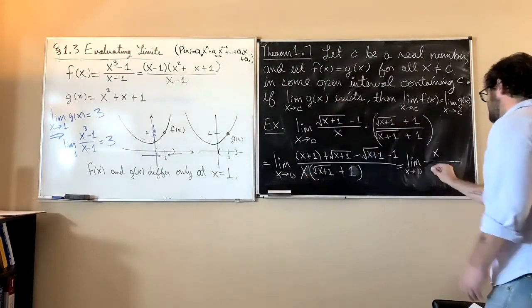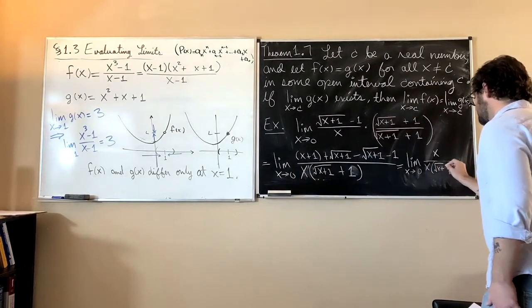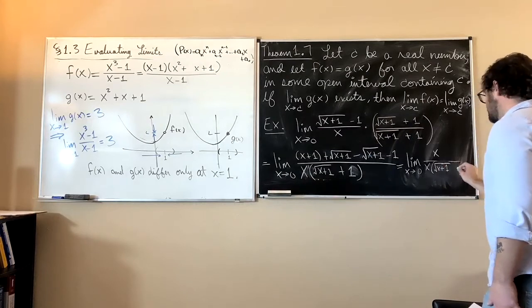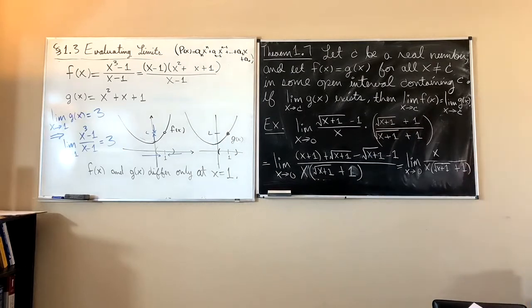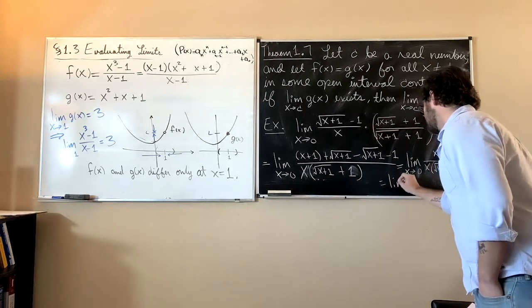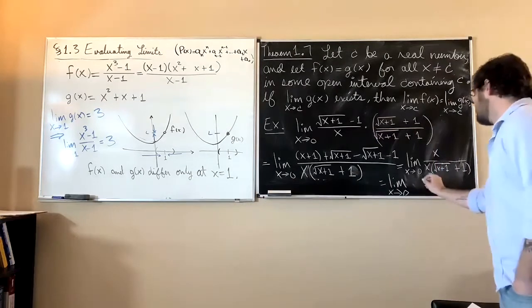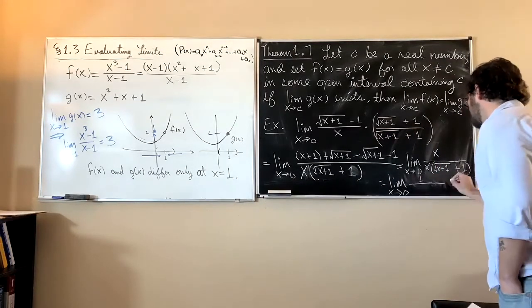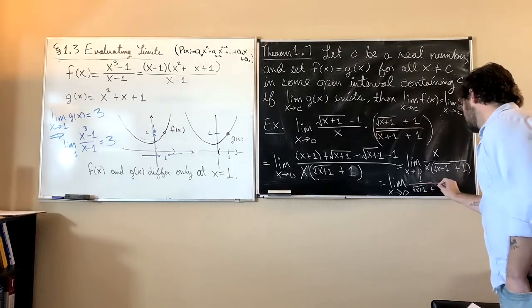And then we see x divided by x, and we're left with the limit as x approaches 0 of 1 divided by root x plus 1 plus 1.